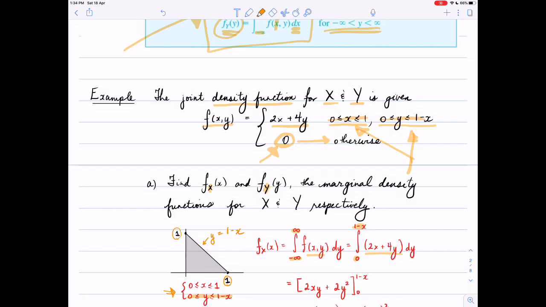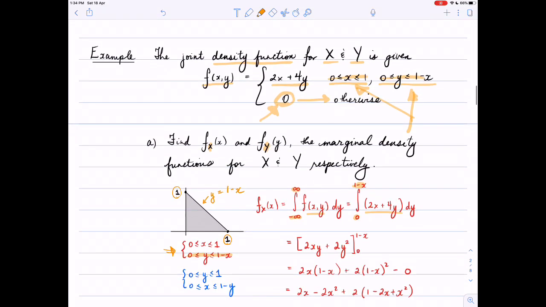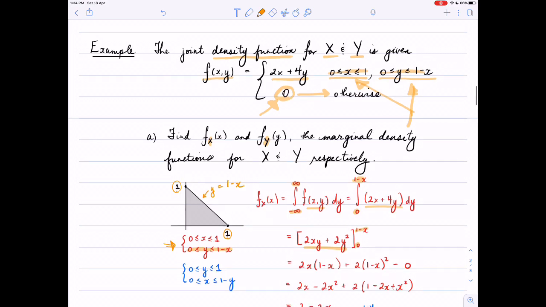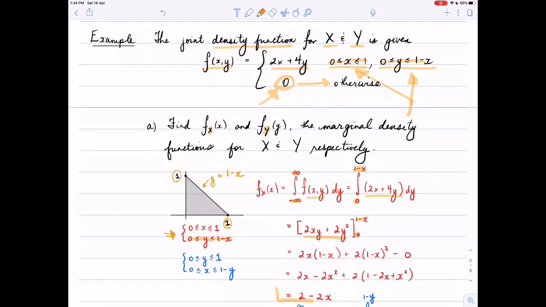That is just an integral that you will do using your anti-differentiation rules and the FTC. So antiderivative with the same bounds, you plug in and you simplify, and you end up getting this. There is the marginal density function of x. It looks like a single variable function, well, it is a single variable function.